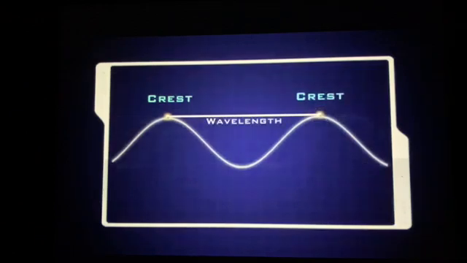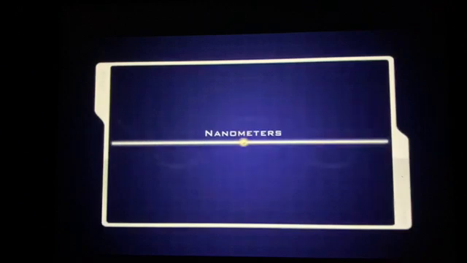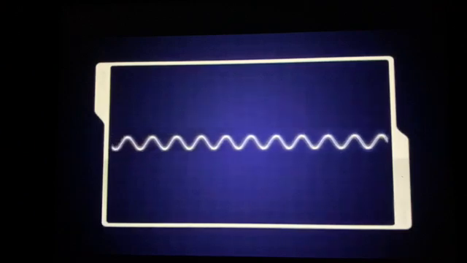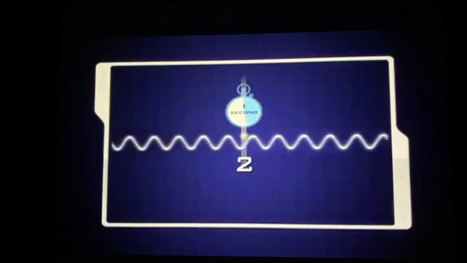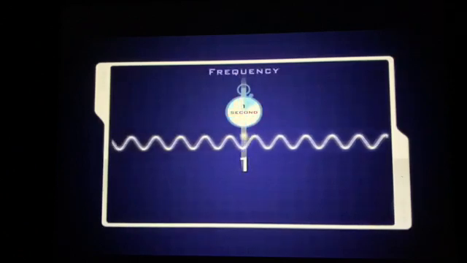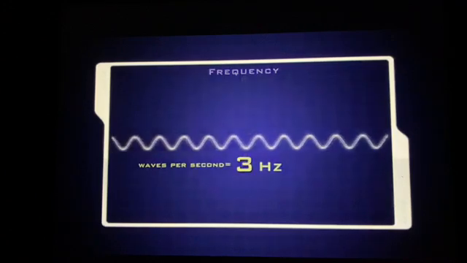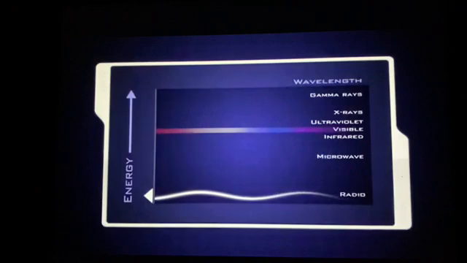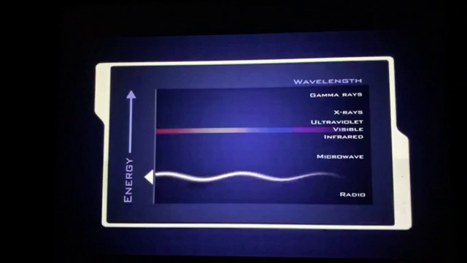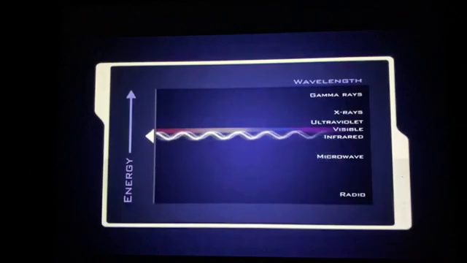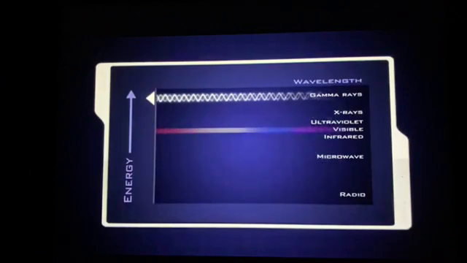While some EM wavelengths are very long and are measured in meters, many are tiny and are measured in billionths of a meter, nanometers. The number of these crests that pass a given point within 1 second is described as the frequency of the wave. 1 wave, or cycle, per second is called a hertz. Long EM waves, such as radio waves, have the lowest frequency and carry less energy. Adding energy increases the frequency of the wave and makes the wavelength shorter. Gamma rays are the shortest, highest energy waves in the spectrum.